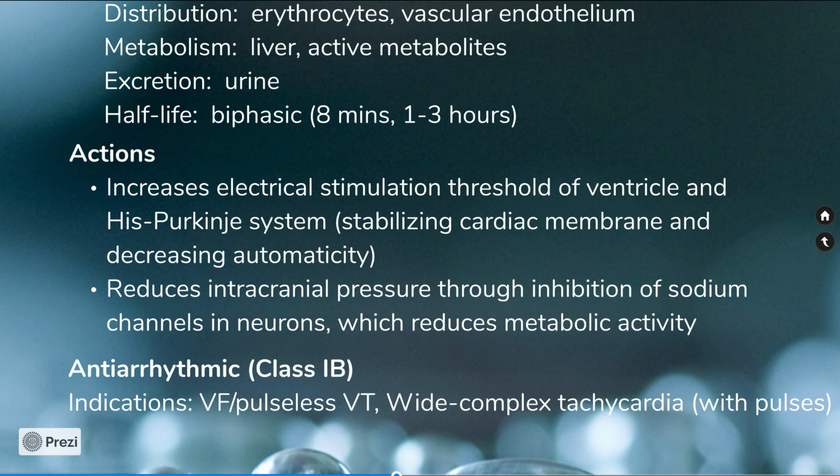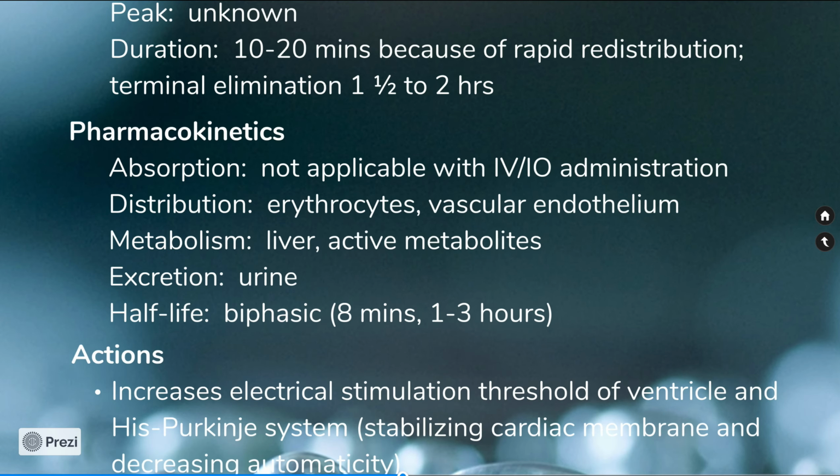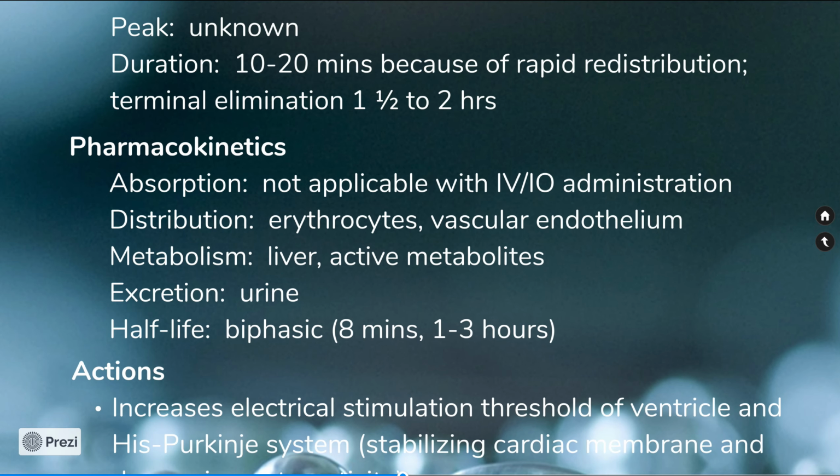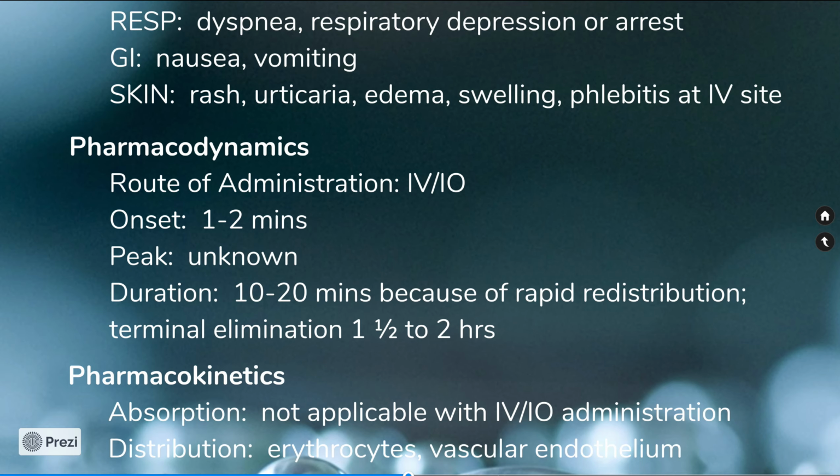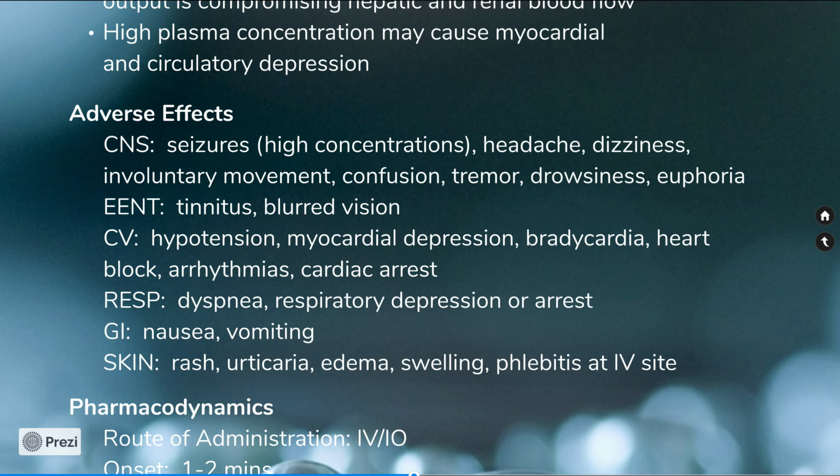This is one feature of lidocaine that will be useful in intubation, but we'll get to that later. So these are the pharmacokinetic parameters of lidocaine, the pharmacodynamic, the adverse effects for lidocaine.